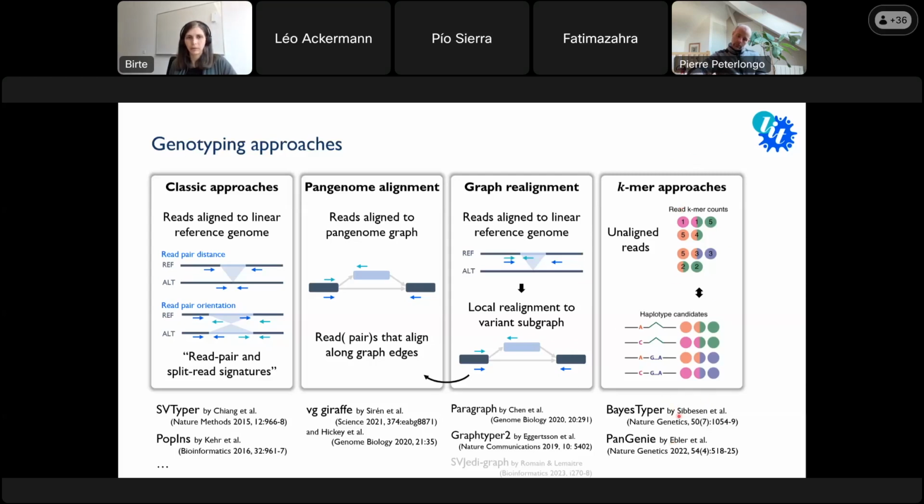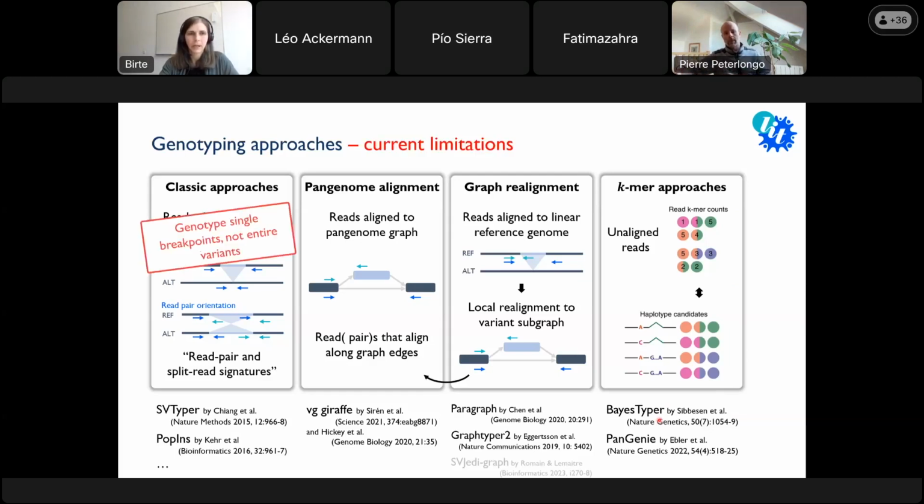But I decided to have a K-mer-based approach class for BayesTyper and PanGenie because they don't use an alignment at all, but just FASTQ reads, and then count K-mers per haplotype, and then use haplotype information and the K-mers on the haplotypes in order to infer genotypes. In terms of methods, I think these are the most innovative and interesting methods, although this also has some drawbacks, and actually all of them, if you look closely at them, have some sort of drawback.